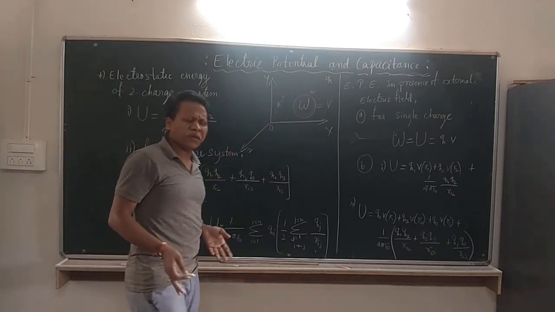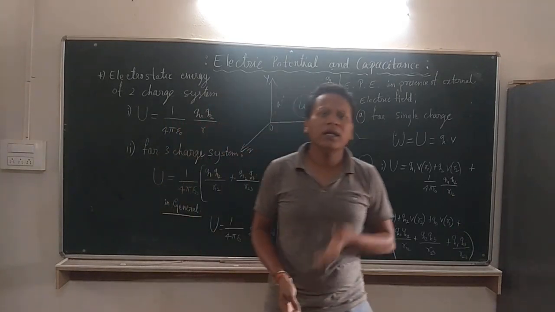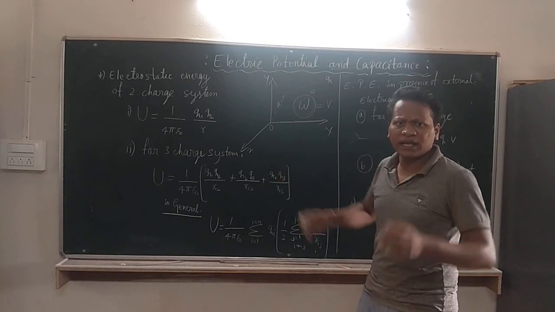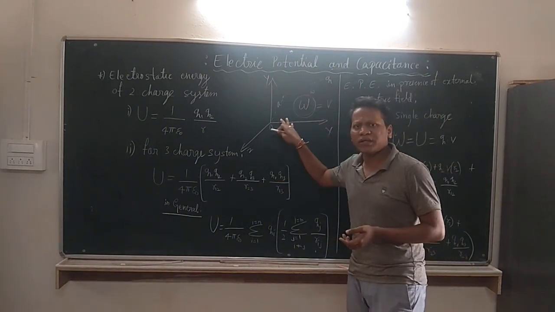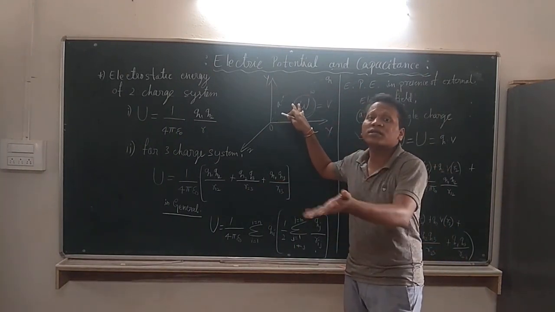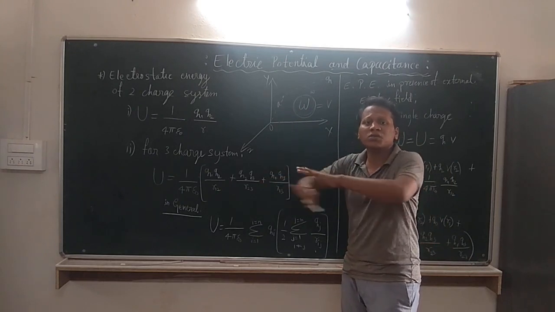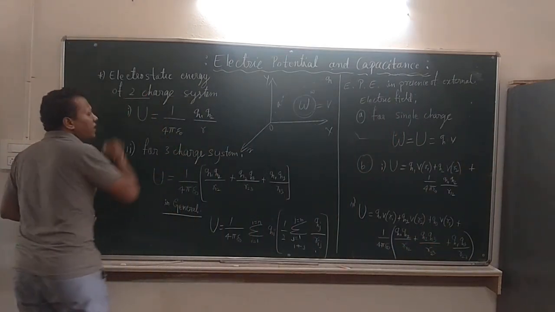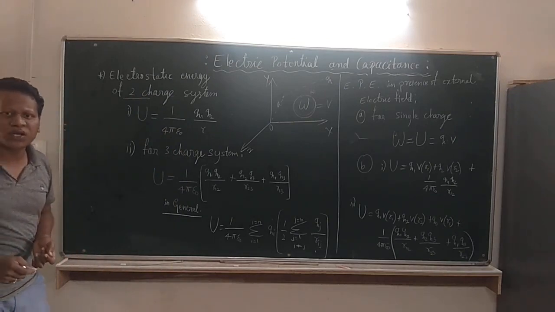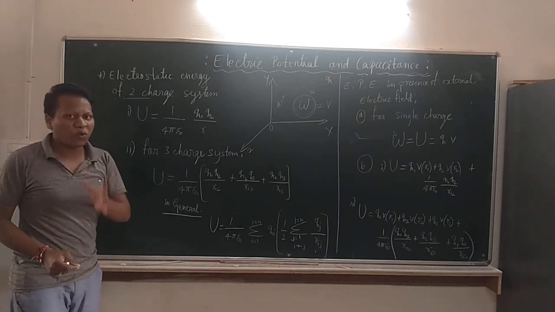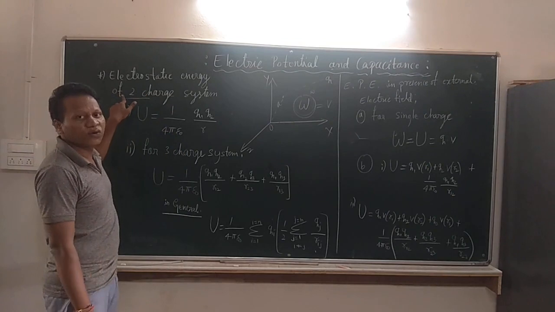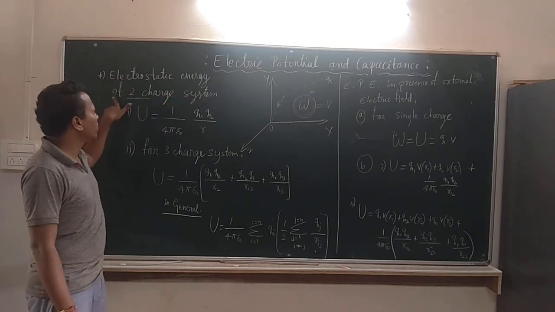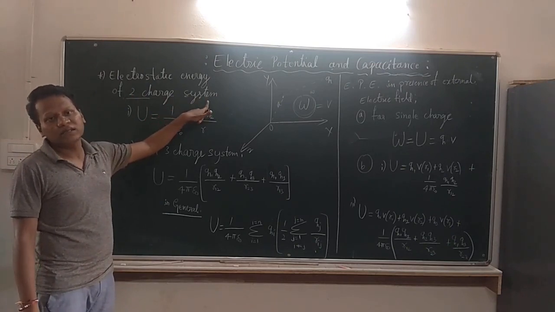We have sphere, circle, square, rectangle, trapezoid, polygonal, so many various areas. Depending on those points, a number of charges are going to reside or distribute over the surface. So we can't describe electric potential and potential energy for just a point charge only. Now we will go for electric potential energy, or electrostatic energy, for a two point charge system.